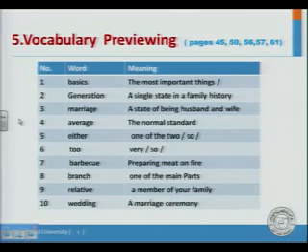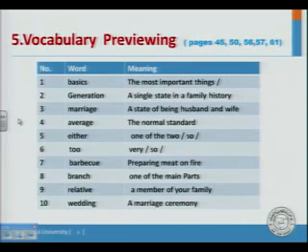The next one is marriage. Marriage here means a state of being husband and wife, zawaj. The next one is average. Average means the normal standard, which in Arabic means المعدل أو المتوسط.